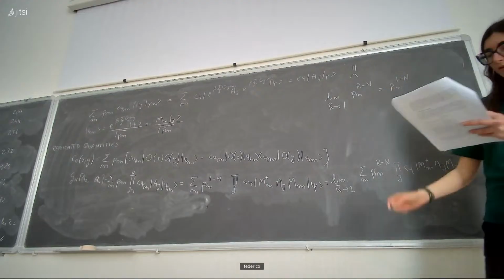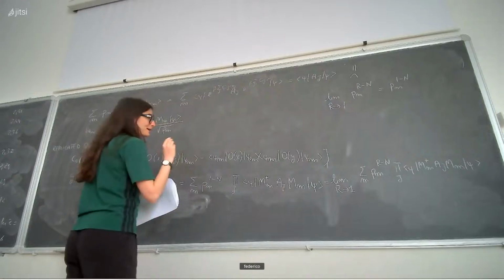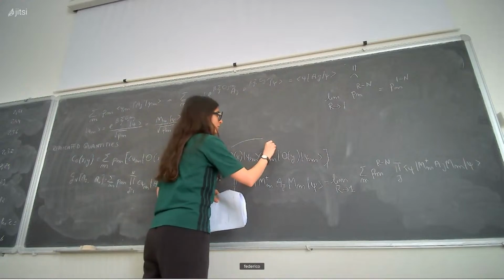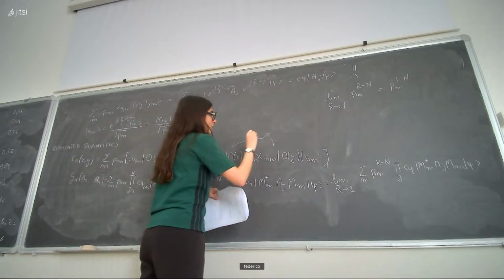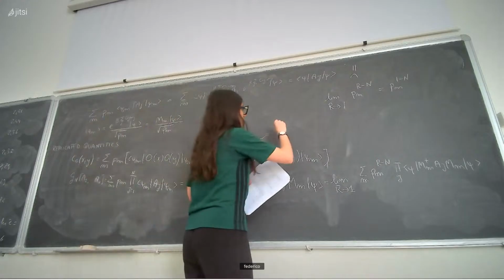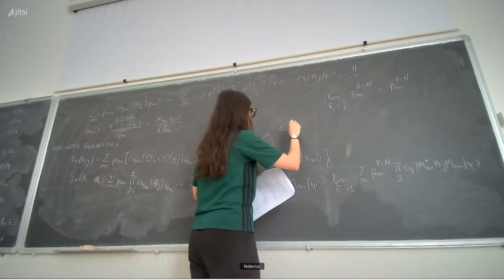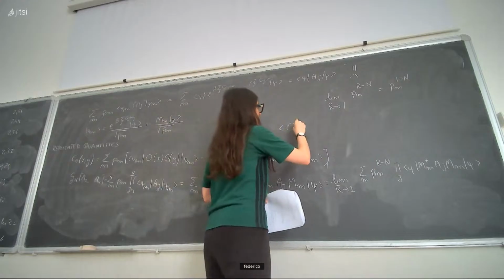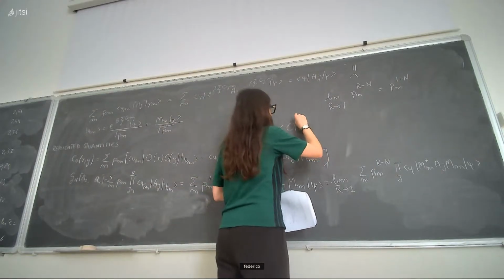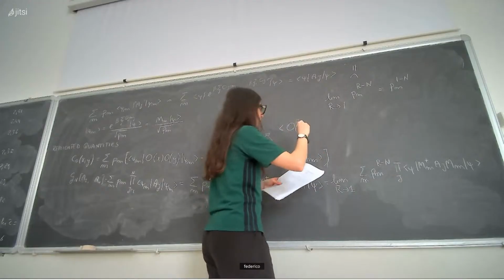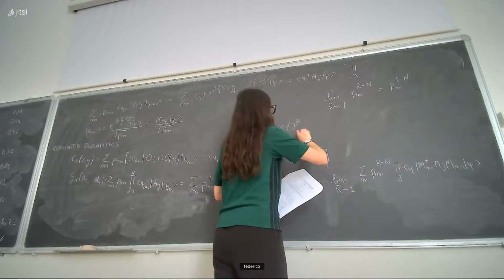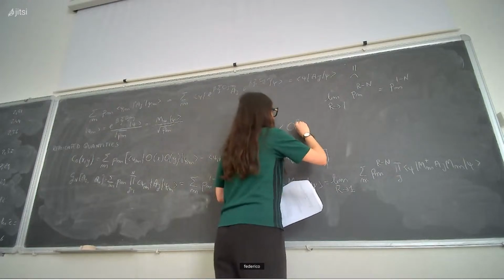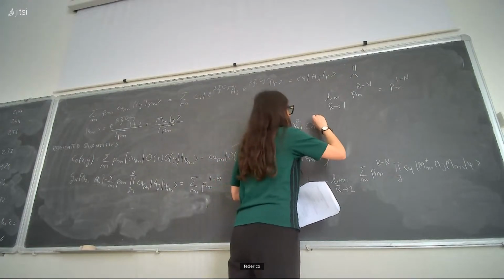The natural guess that one would make is that these two terms here can be computed as a two-point correlation function of an operator O of x living on one replica, and an operator O of y living on another replica.